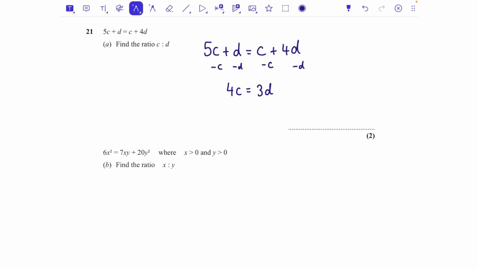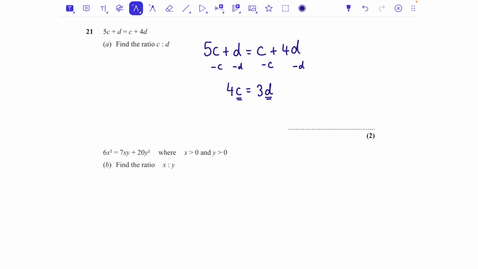3d. Now, if you've got an equation with a c on one side and a d on the other side, if I wanted to make them the same, it's saying I would need to times c by 4 and I would need to times d by 3. Therefore, I know that d is bigger than c because I would need less of them to make the same answer, if that makes sense.